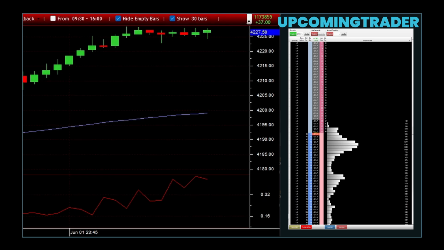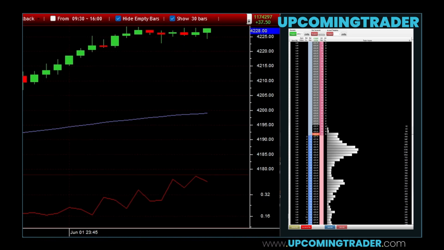This increase in trading activity suggests that there's strong interest in the stock, potentially enough to push it past the resistance level. The combination of the uptrend and the rising volume gives you valuable insight. It tells you that the market sentiment is shifting, and the resistance that once held the stock back might soon be overcome.